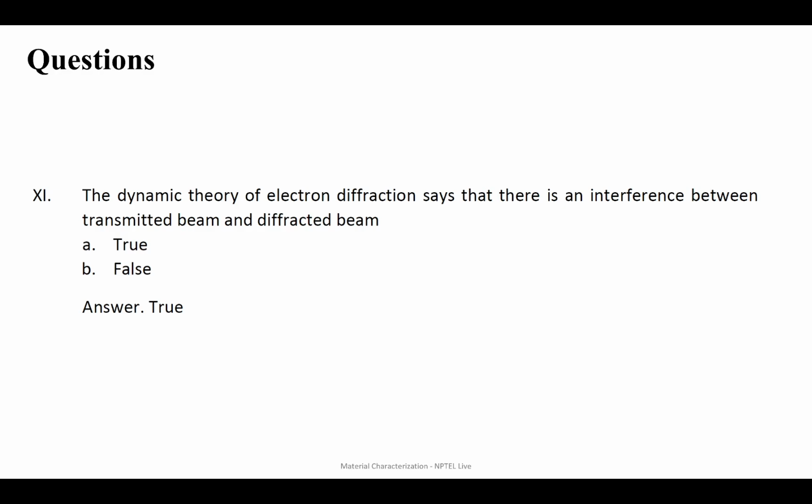So this is true. Dynamic theory assumes that there is interference between transmitted beam and diffracted beam, whereas kinematic theory assumes that there is no interaction between transmitted and diffracted beam, and that there is only one diffracted beam.